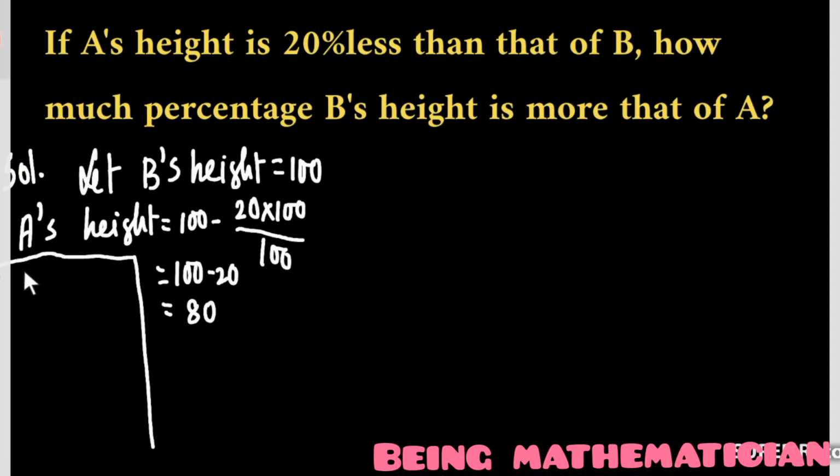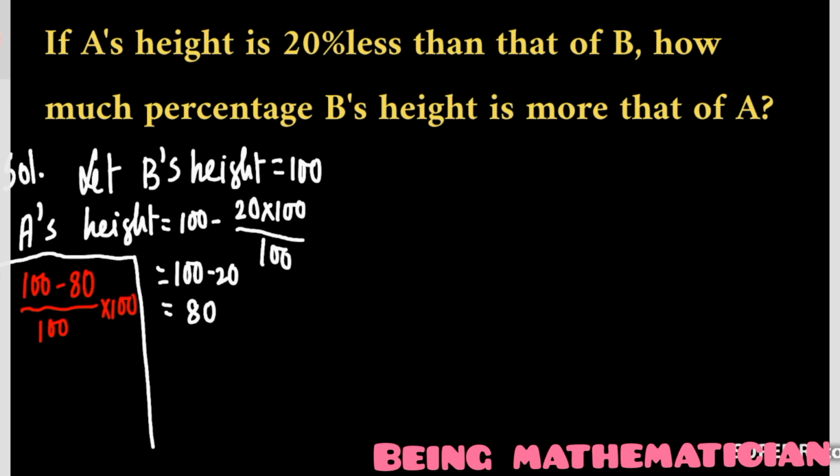Most of the students do 100 minus 80, that is the total decrease in height, and now divide by 100 into 100. Many students do this because they are not able to observe the statement properly, that part of the statement: more than that of A.